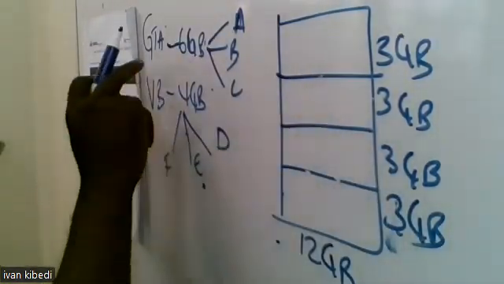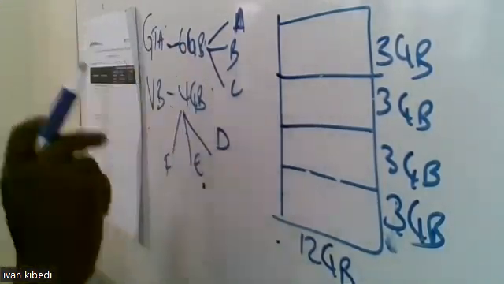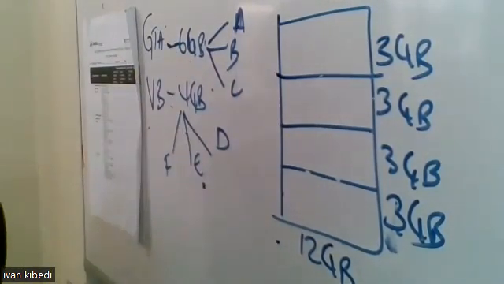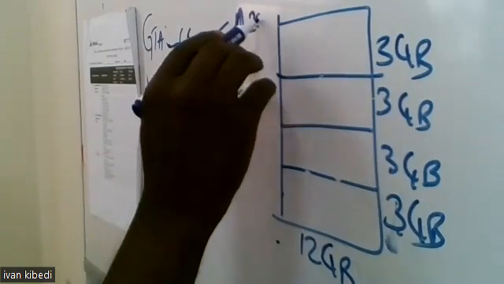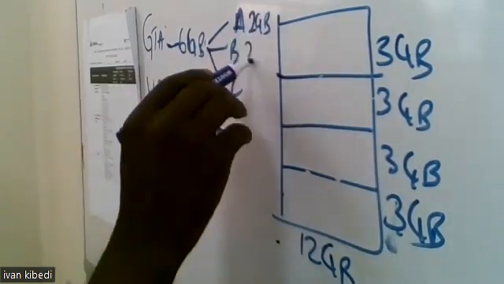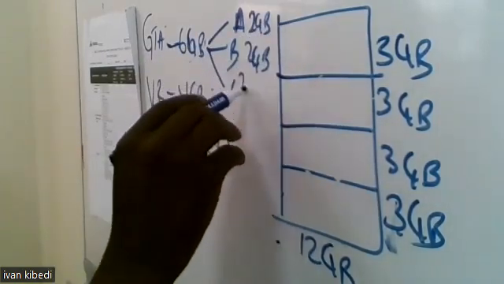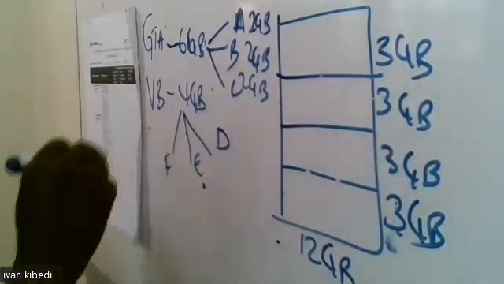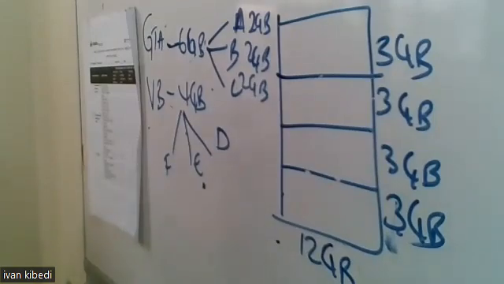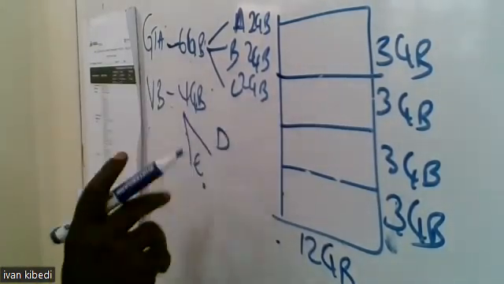So it can say that I'm going to split GTA in form of A, B, and C. But then A should have 2 GB maybe. 2 GB. And then 2 GB. You see? Then B is of 4 GB. So if D is having 4 GB, in this case it can split it into 2 sections.